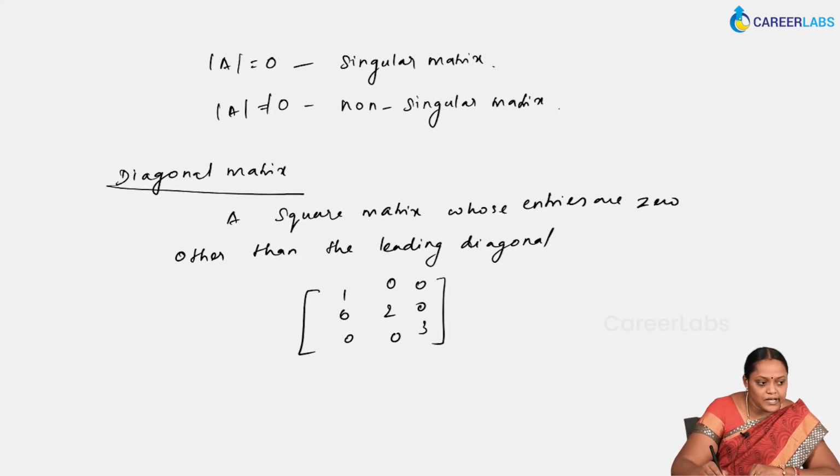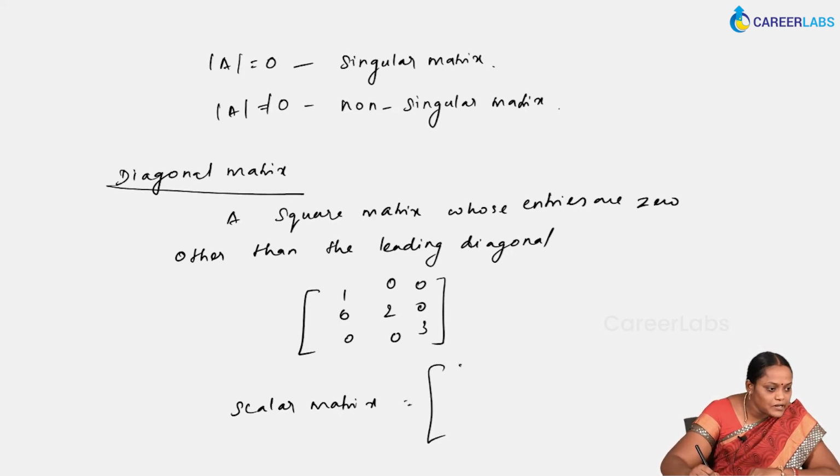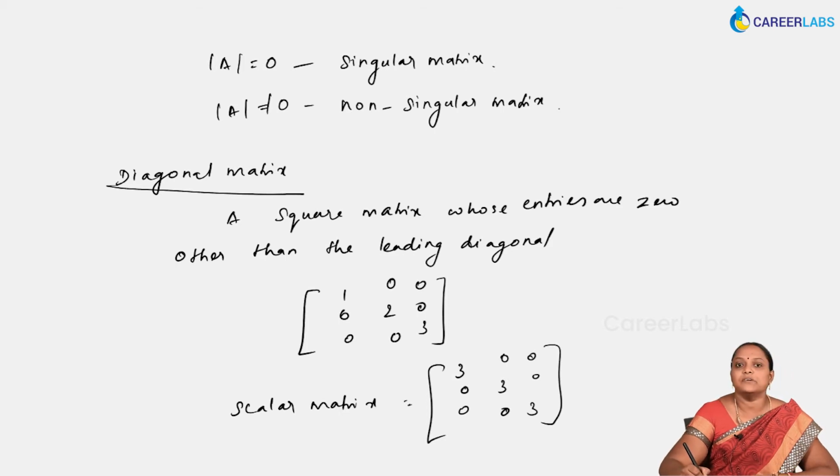If all the diagonal elements are equal, then we call that matrix a scalar matrix. That is, it should be a diagonal matrix, but the leading diagonal elements should all be the same.